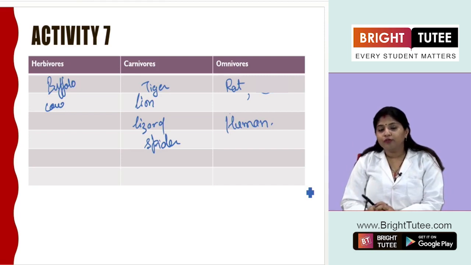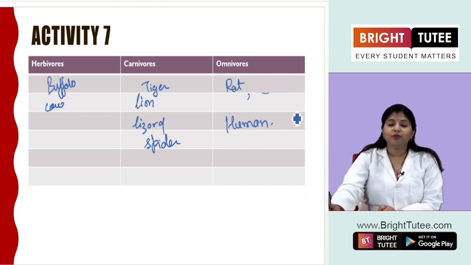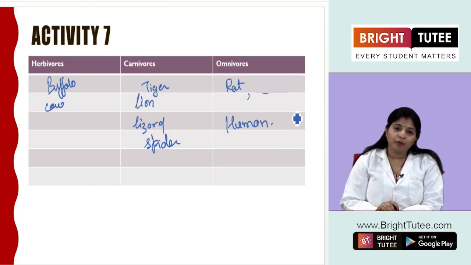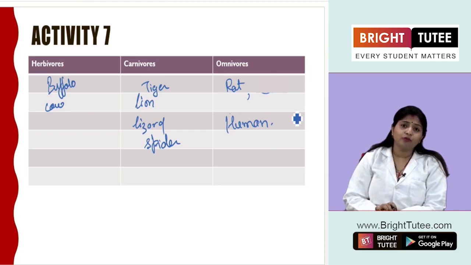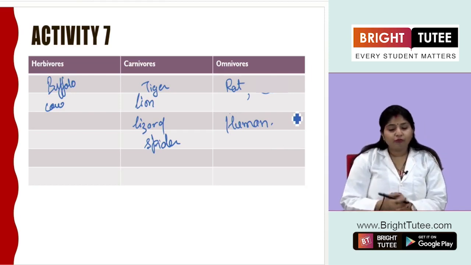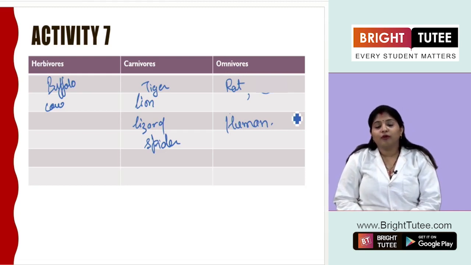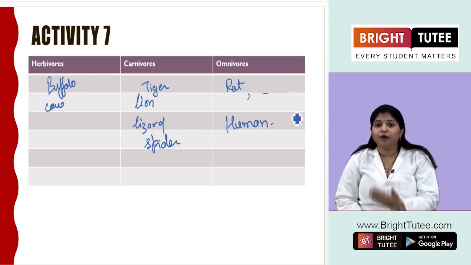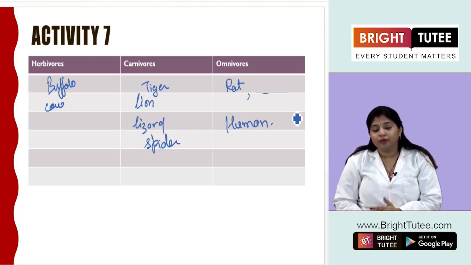So based on this, we know that humans will be placed in the omnivores, but because of the increasing population, we do not have enough food for everybody, so we have to find ways to make the food available for everyone, because we know how important food is to maintain the health of an individual.